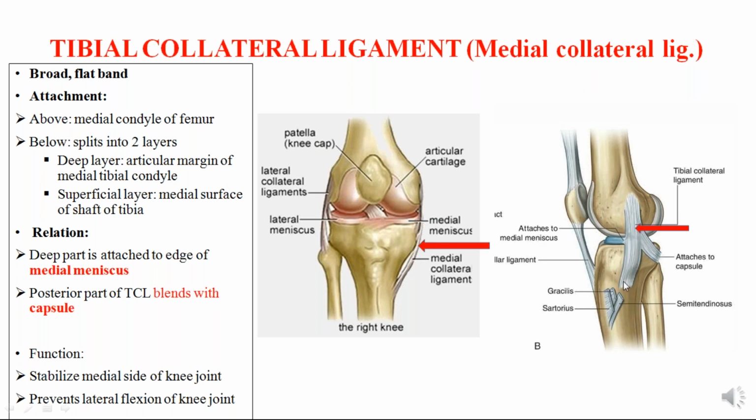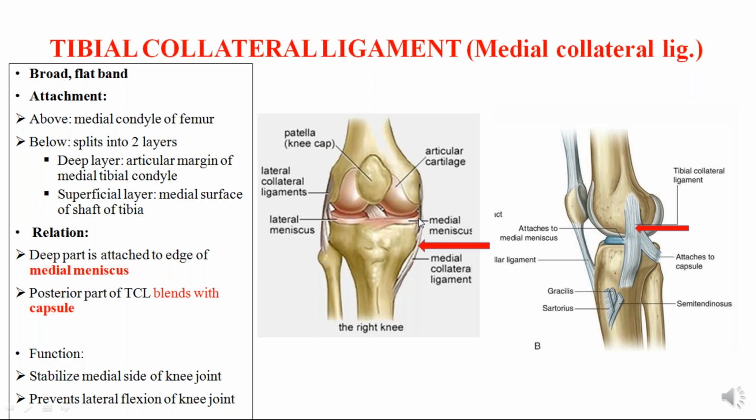The important relation of the medial collateral or the tibial collateral ligament, which we had already discussed, is the medial meniscus. We said earlier that the medial meniscus is attached to the tibial collateral ligament. So which part of the tibial collateral ligament should the medial meniscus be attached to? Yes, it should be attached to the deep part.